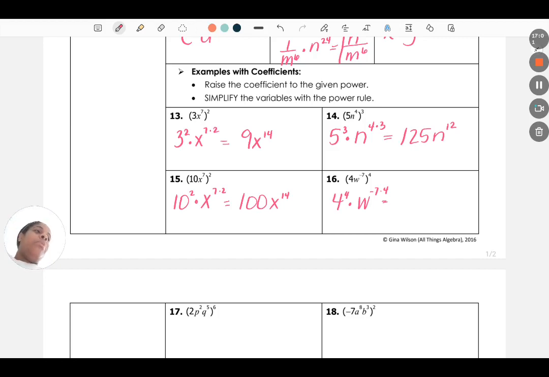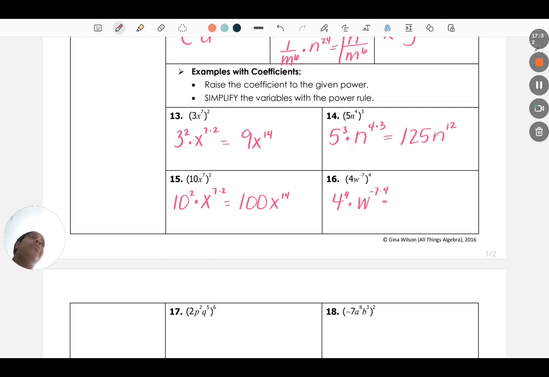Let me use my computer. 28 times 4 is 112. Is it 112? Am I wrong? Sorry, double checking. I feel like that's wrong. 4 times 4, oh, 4 times 4 is 16. 16 times 4 or something.